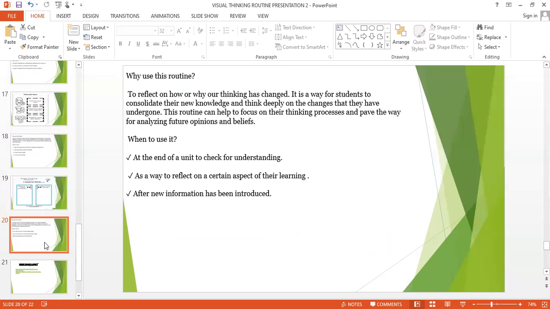This routine can help to focus on their thinking process and pave the way for analyzing future opinion and belief. By using this routine, students can compare their understanding as well as their knowledge, how much they knew before the unit, and what new knowledge they have got after the unit.